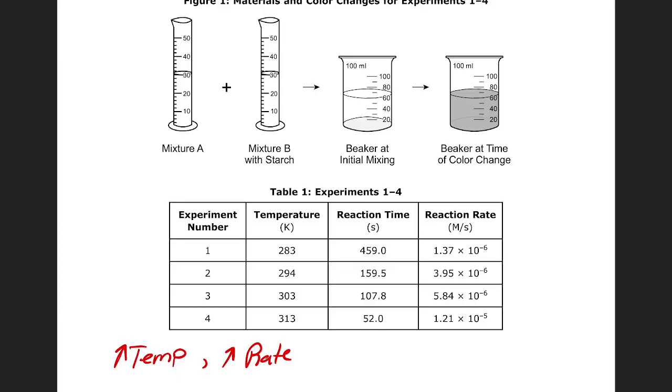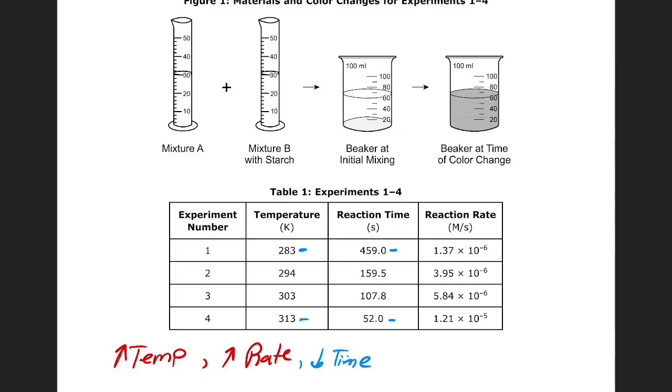If we look at temperature 283 to 313, the time at 283 is 459 seconds. The time at 313 is 52 seconds. So that is not correct. As the temperature is increasing, the reaction time is decreasing. Right? So I'm going to say time decreases.